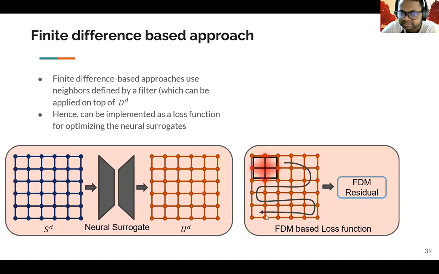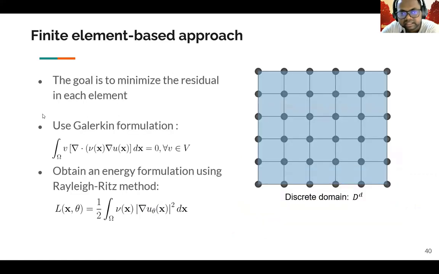There are several papers which we will be linking in this PowerPoint when we submit it. And the same way for finite element, although not many people have worked on finite element based approaches, it also uses the same flavor of convolution operations and other things we looked at in the previous slide.